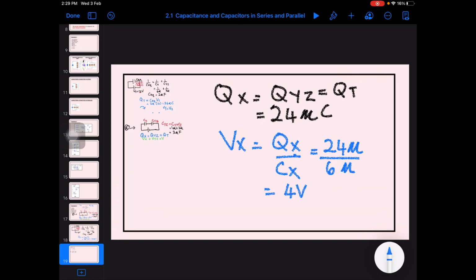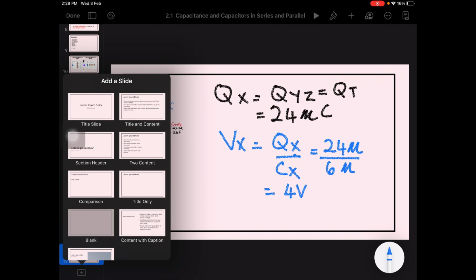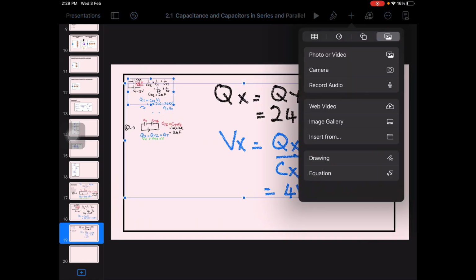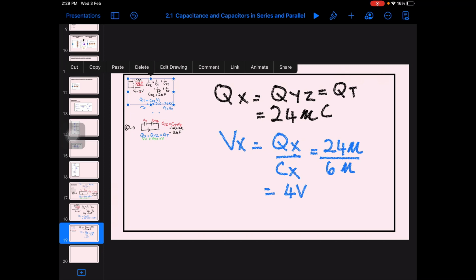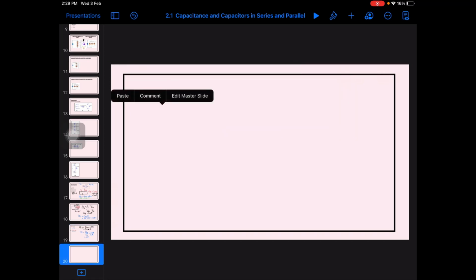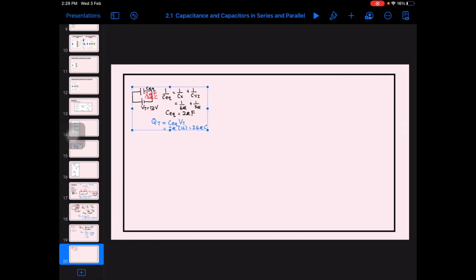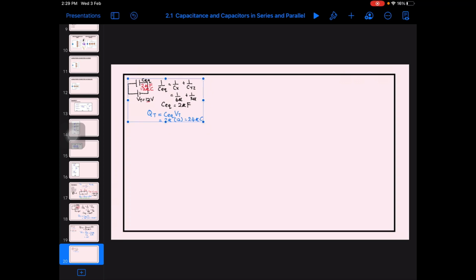Okay. So X, kita dah cari semua. Kita dah cari potential difference, Vx and Qx. So now we will look at Y. So Y, this is about the total.